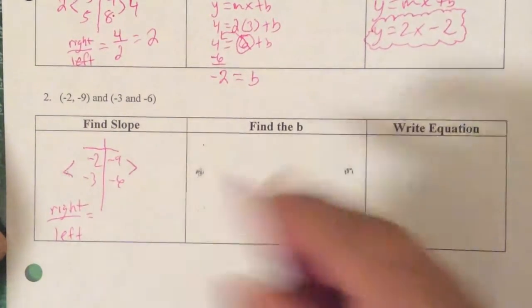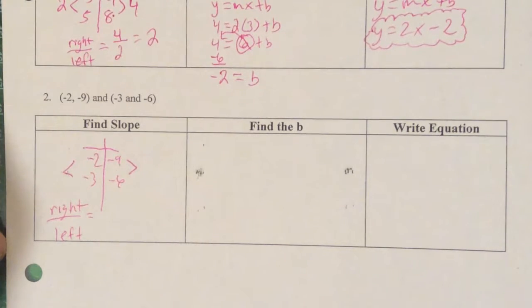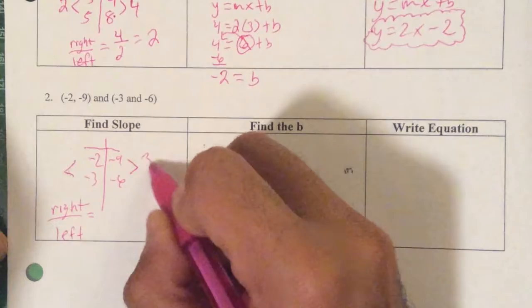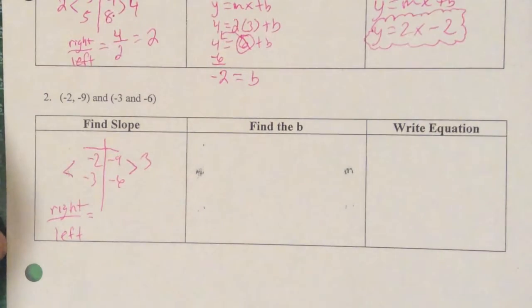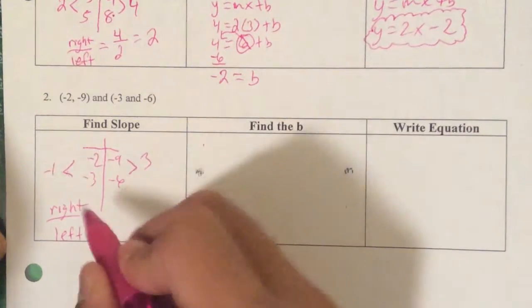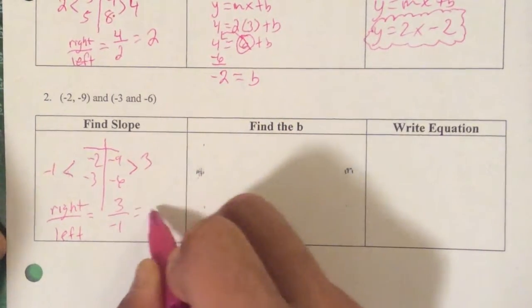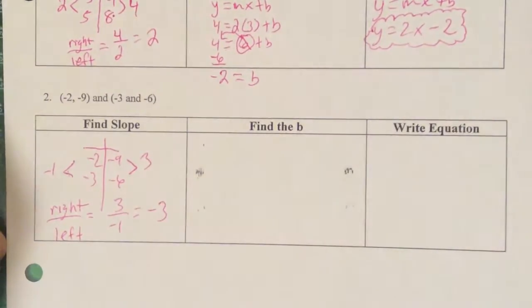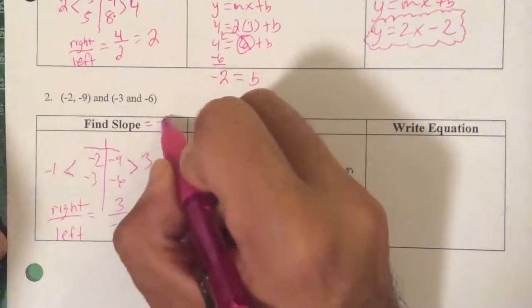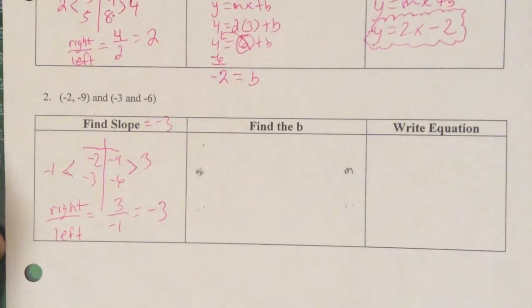So -6 minus -9 gives me 3. -3 minus -2 gives me -1. So the right side is 3, the left side is -1. So if you simplify that, it gives you -3. So that means your slope is -3.